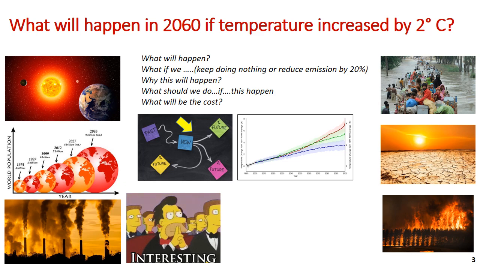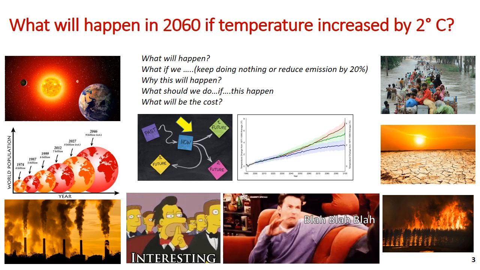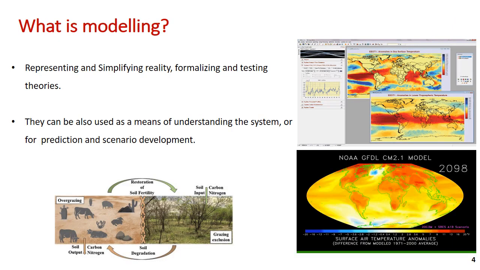All of these things might be really interesting for so many people. So what exactly determines the accuracy of our prediction and our understanding? And that can be done by modeling. So what is exactly modeling and how can it help us in real life?